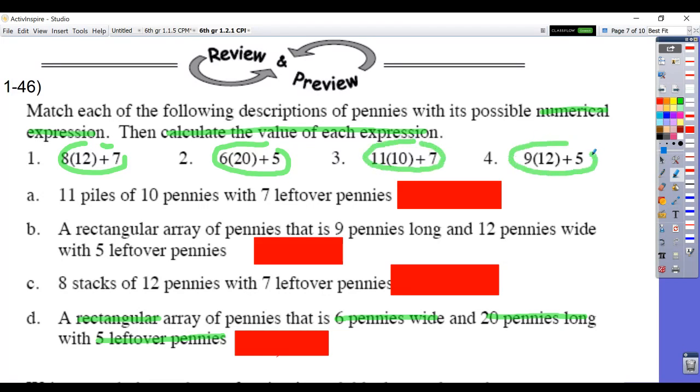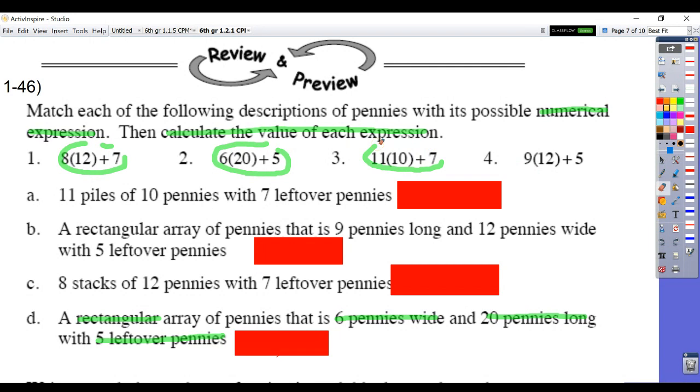Keep in mind that when you see a number in front of a parentheses without another operation sign in between, it means multiply. So this is the same as 8 times 12 plus 7, 6 times 20 plus 5, and so forth. That is a way that we indicate multiplication. We also do it with a raised dot.